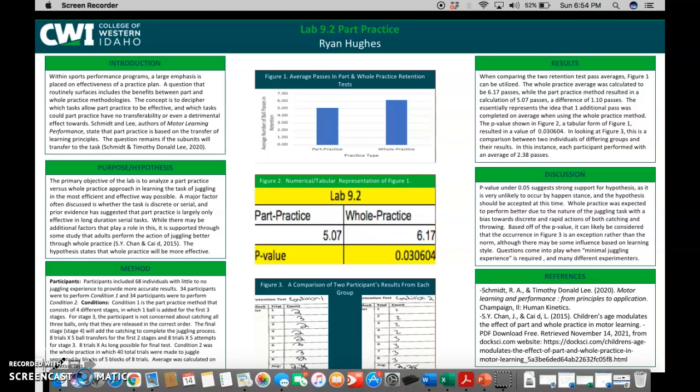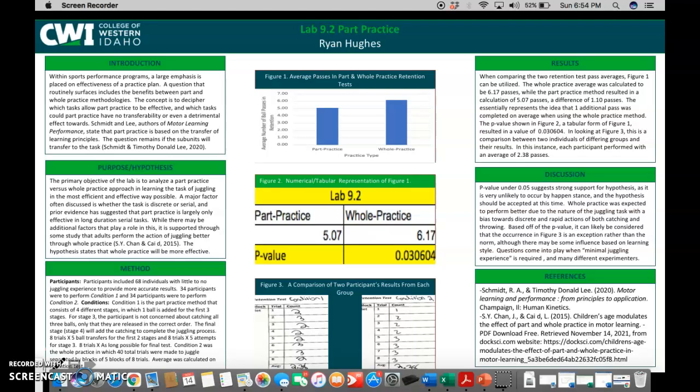We would take that ball, say in our right hand, throw it up in the air and catch it with our left hand, and then take our left hand, throw the ball up in the air, and catch it with our right hand. Every time the ball switches hand, that's considered a transfer. You're going to have 5 transfers per attempt, and there's going to be 8 trials of those. So 8 trials, you're going to have 40 total transfers in stage 1.